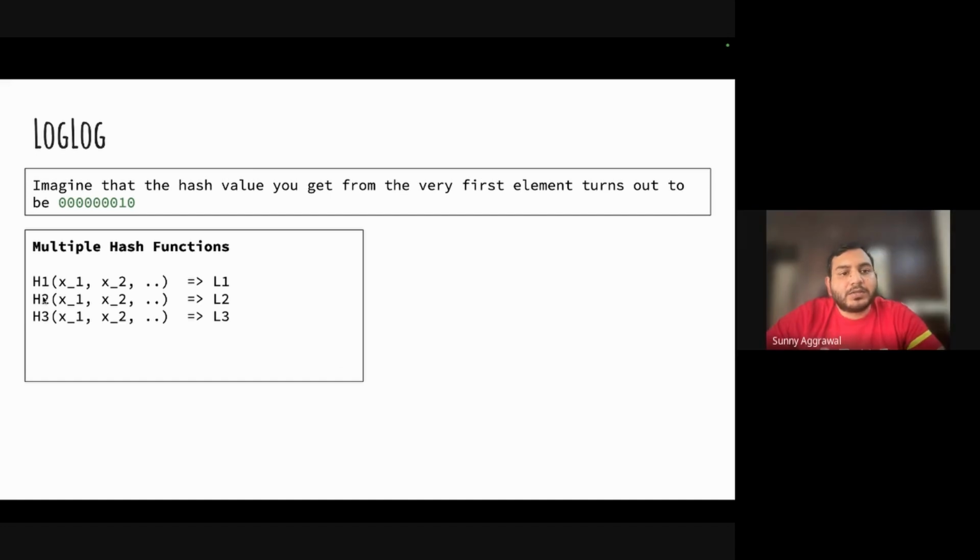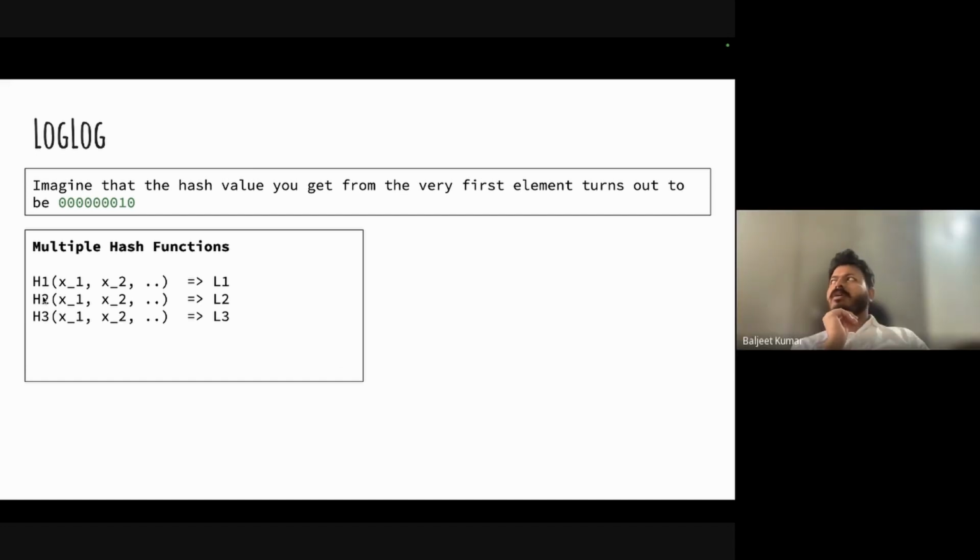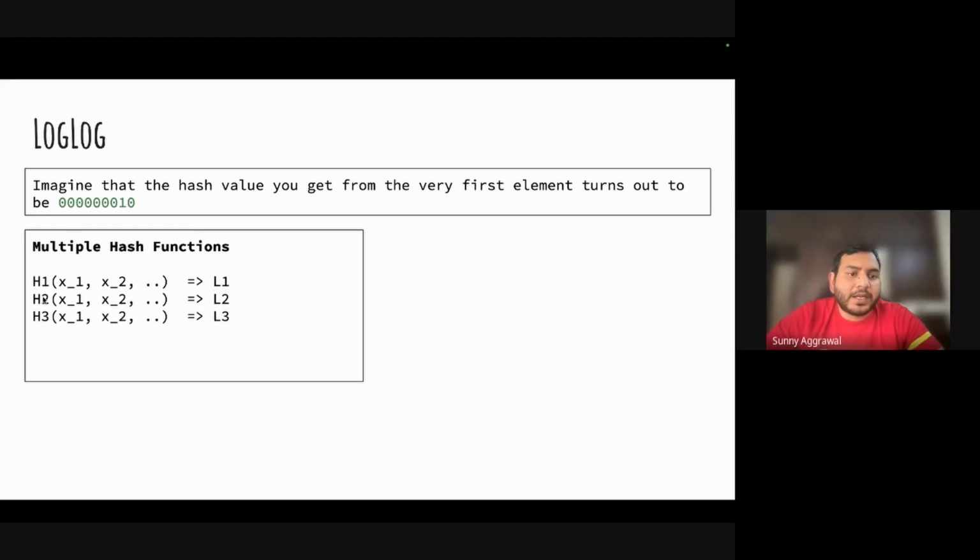Correct. So even if I have a pretty good unique ID generation algorithm, that might not be sufficient. Correct. And that is where they came up with another algorithm called LogLog, which says that rather than using one hash function, you can use multiple hash functions and take an average of all of them. Okay.